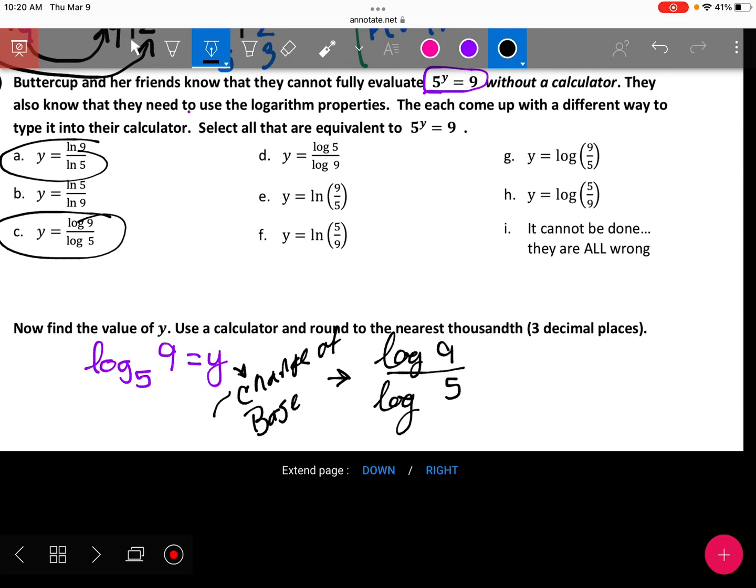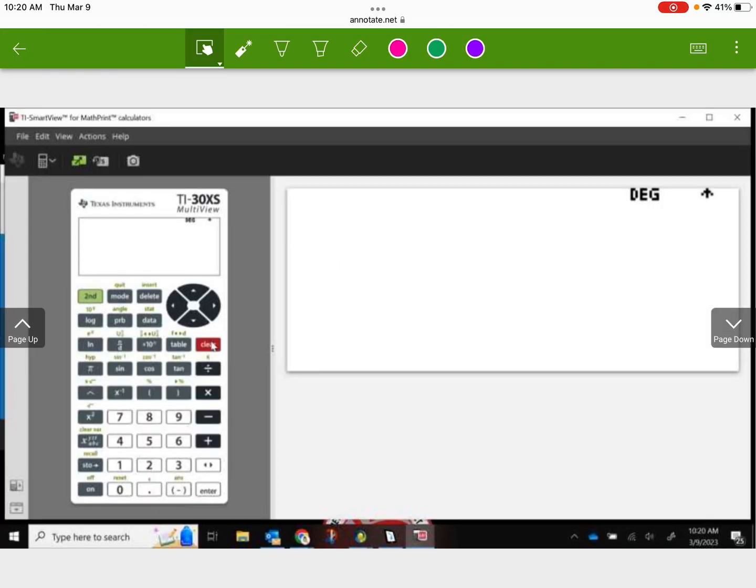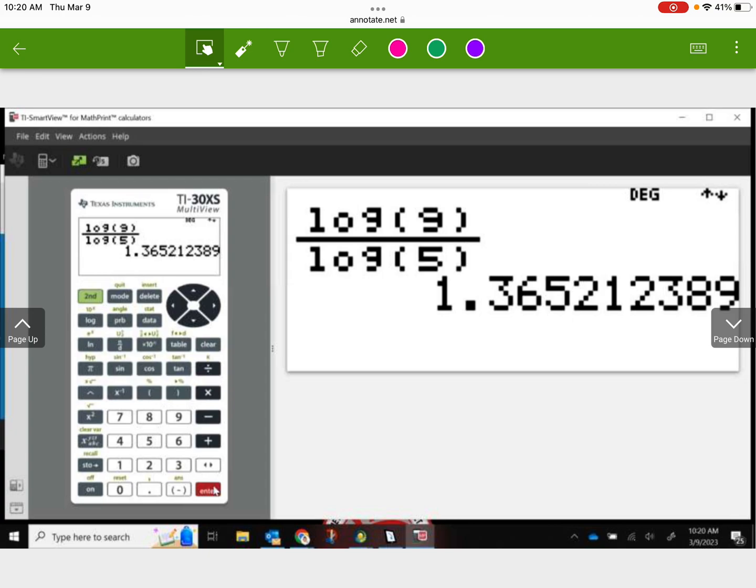For part B on here, all we have to do is type this in the calculator. So we're going to have the fraction, log of 9 over log of 5. We just type them in.